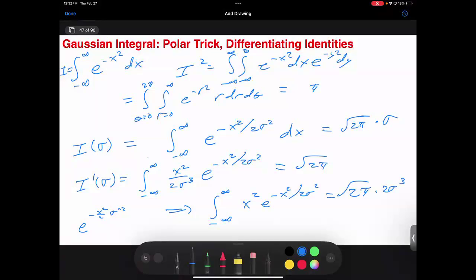So this is very similar to the Feynman trick. The way I can find this integral is I understand the integral for all sigma, and then I can just take sigma equals 1, and I have the integral of x squared e to the negative x squared. This trick of introducing free parameters, there's a lot we can talk about. But at the end of the day, we need to be able to justify these interchanges.